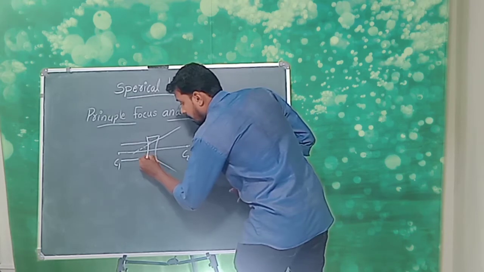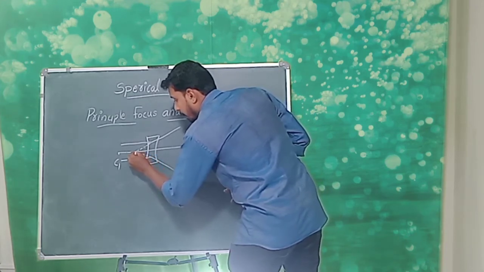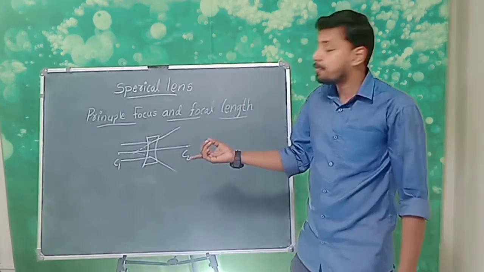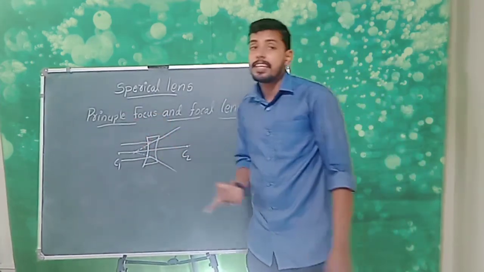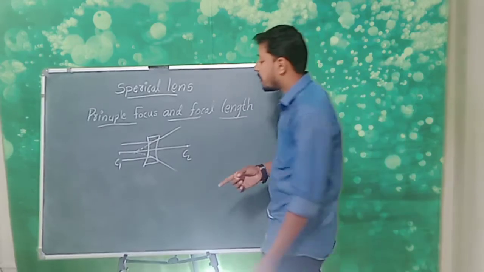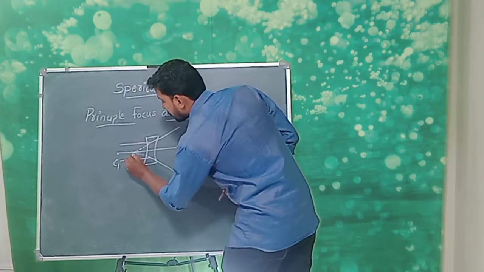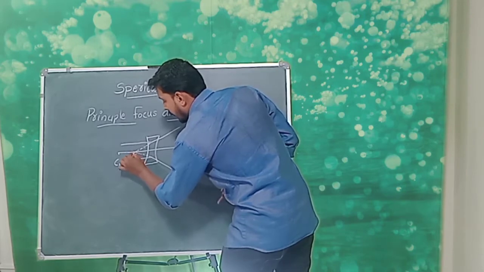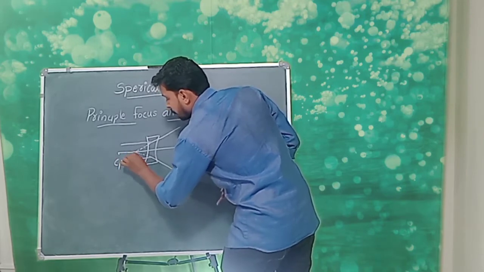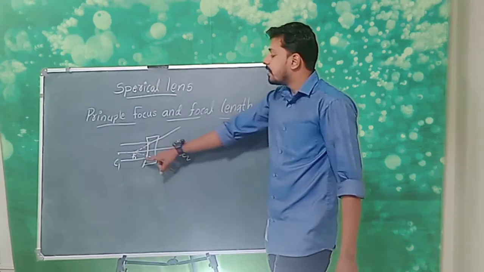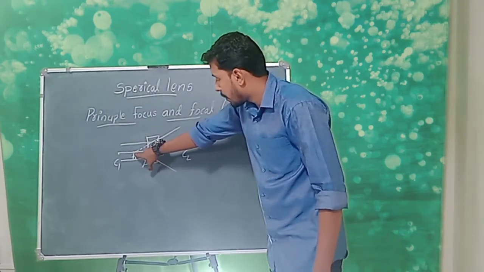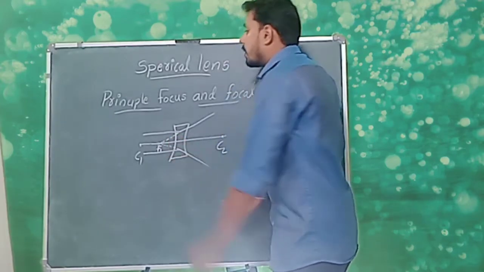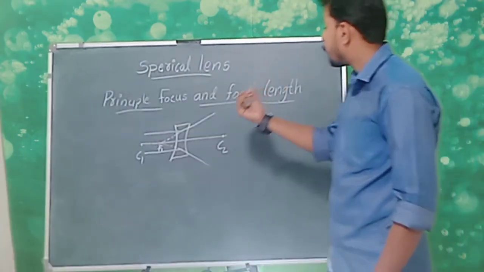Then the imaginary line passes through a certain point of the principal axis. That point is called focal point, F1. This is a focal point, and we can say principal focus.